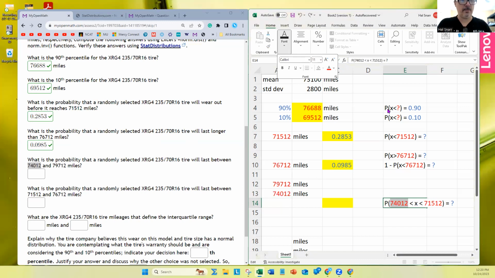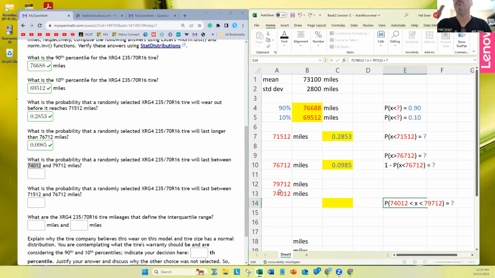The way you calculate that is to calculate these two numbers. Well, let's see. Oh, I have to fix this right here. This is the bigger number, 9712. So this is that number, and this is that number.